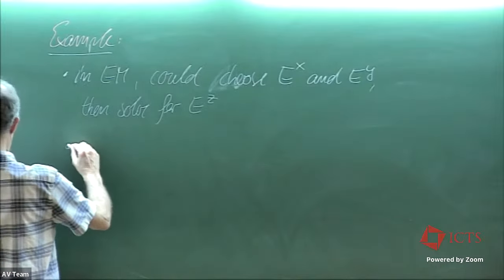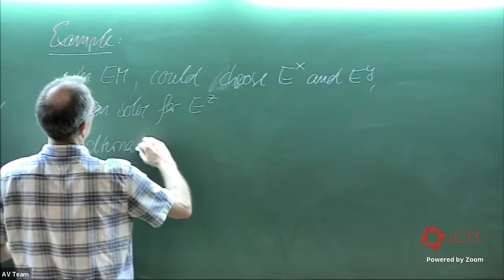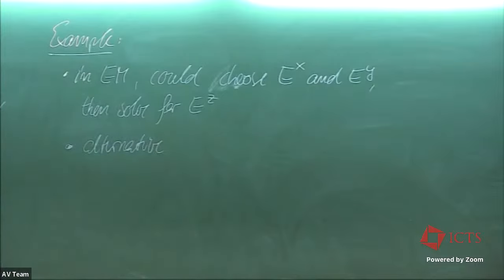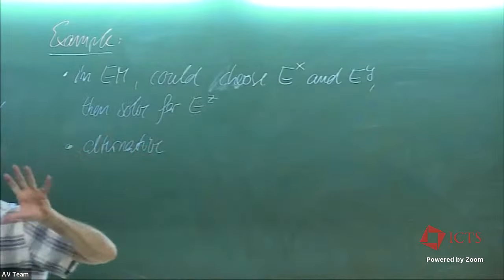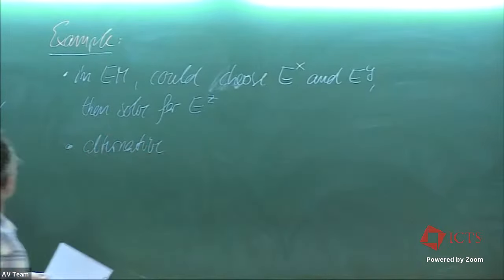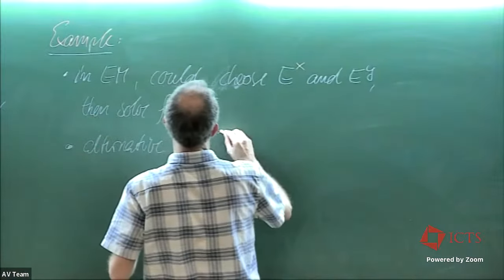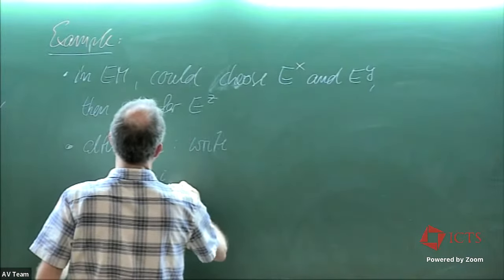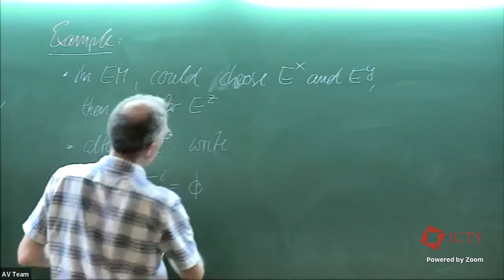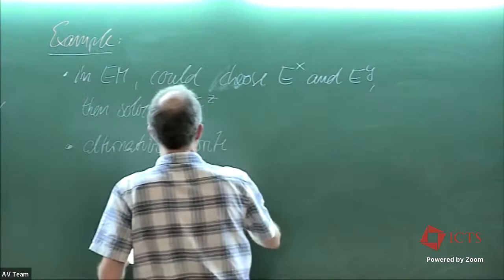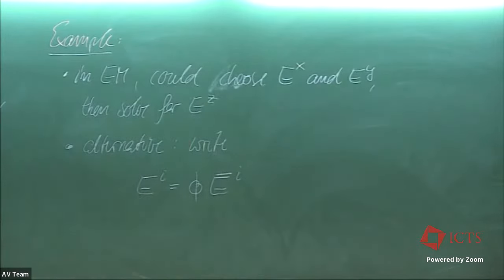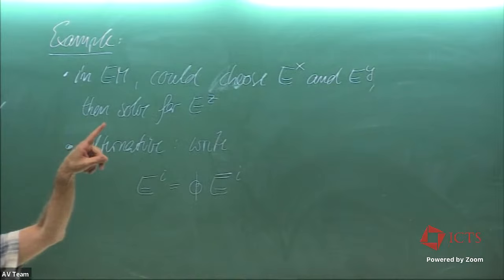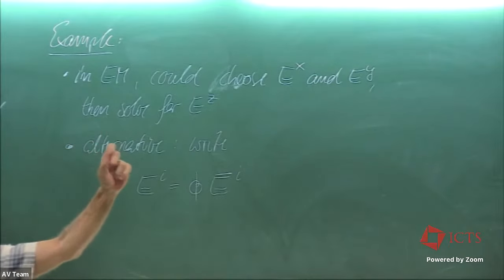Here would be one alternative. If we wanted to not introduce this weird basic asymmetry between these 3 coordinates, I could write E_i, my solution, as some overall scale times a unit vector by which I determine just the direction of the E field. So I say, at this point I want the E field to point in that direction, and then I let the constraint tell me how large the E field is going to be at that point.